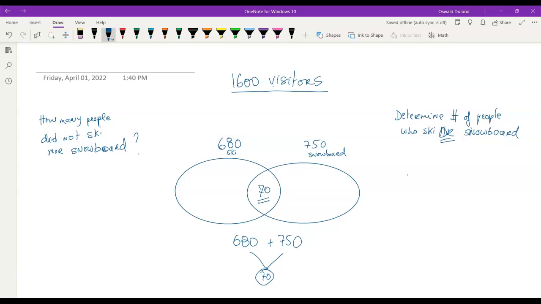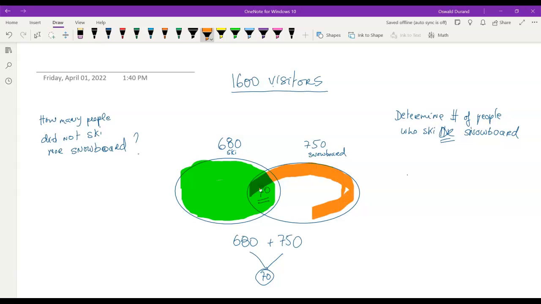So there's some type of redundancy here in the number of people. This part includes the 70 in the 680, and on the other side, it also includes the 70. So it's just the intersection.